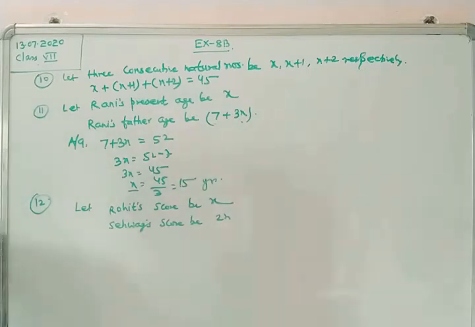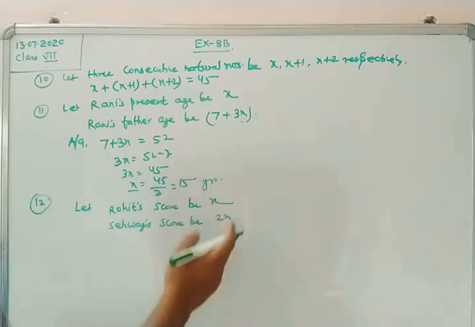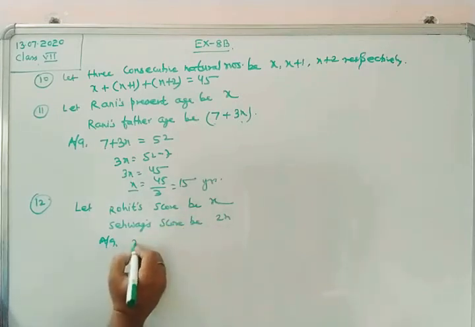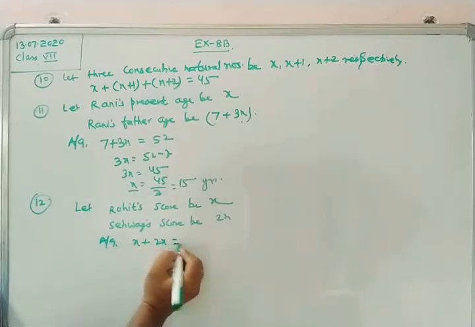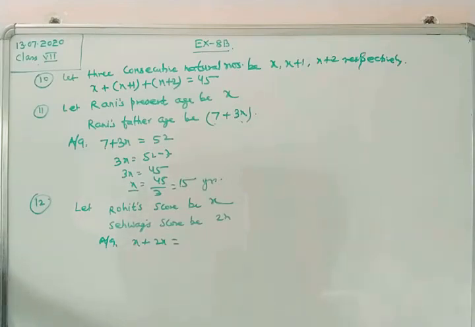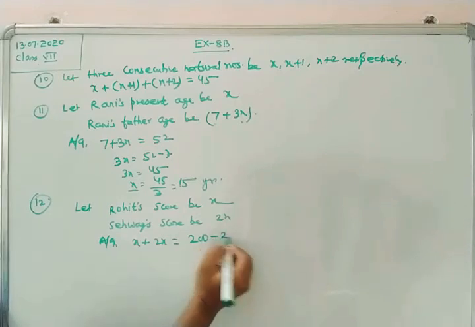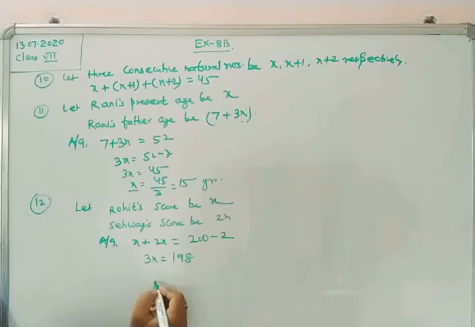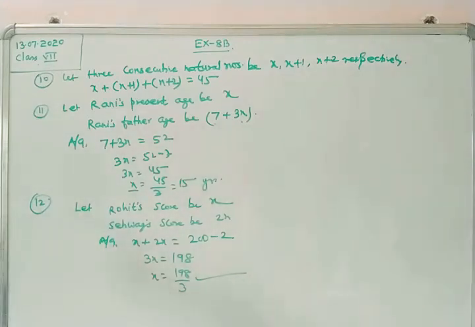Because the question is saying Sehwag scored twice as many runs as Rohit. Together, according to the question, both will be added. x plus 2x will give you 2 short of double century, 200 minus 2, that means 3x equals 198. From here you will find out x equals 198 by 3. Further solution will be done by you only.